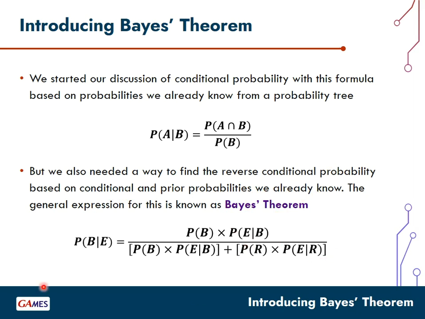Your Bayes theorem is pretty much the probability we derived earlier. The numerator is the probability of the intersection of B and E. The denominator is the total probability, which is expressed by the law of total probability: the total probability of the occurrence of the event E. By looking at this formula, how do you know which event this total probability represents?